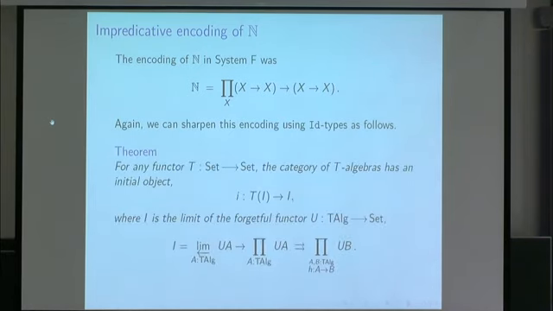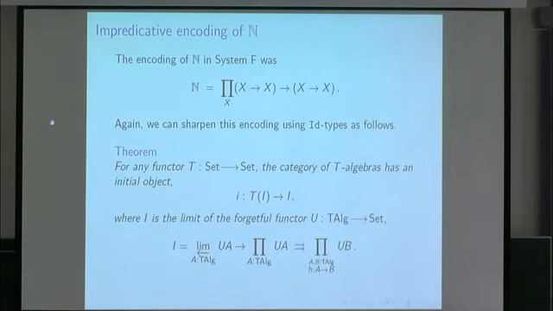And we're going to use this observation, which was, I think, first made in a completely different setting by Martin Hyland. That is, if you have a kind of impredicative universe, the way we do have in this system, then every endofunctor on the universe, on the category of objects in that universe, has a limit.